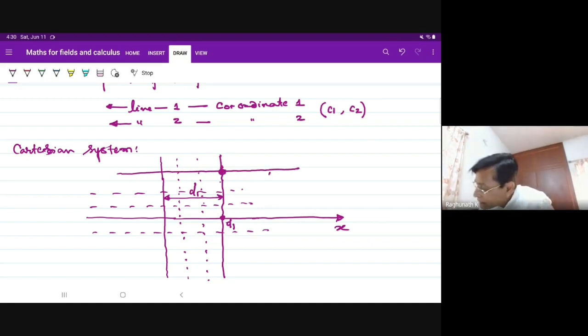Measure the distance d2 between these two lines. And this is y-axis. This intersects y-axis at d2. On this line, wherever you go, because it is intersecting x-axis at d1, x is equal to d1.